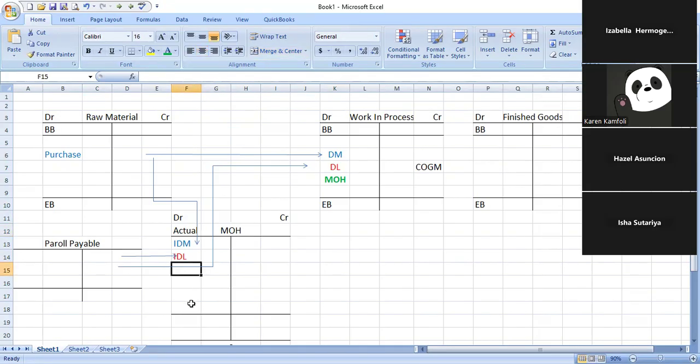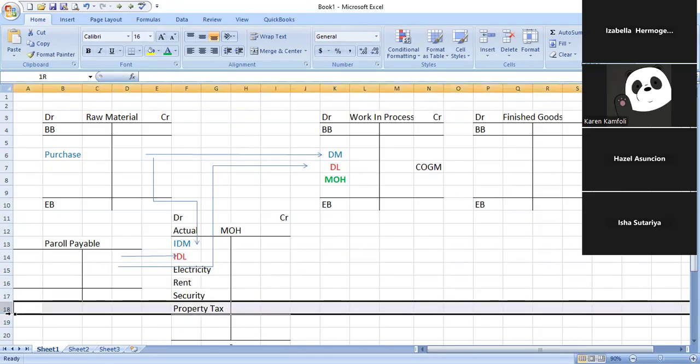Now the question is, what other manufacturing overhead costs are we going to have? Well, let's think about it. We're going to have electricity, right? We have rent. We have security. We have to pay the property taxes. What else?